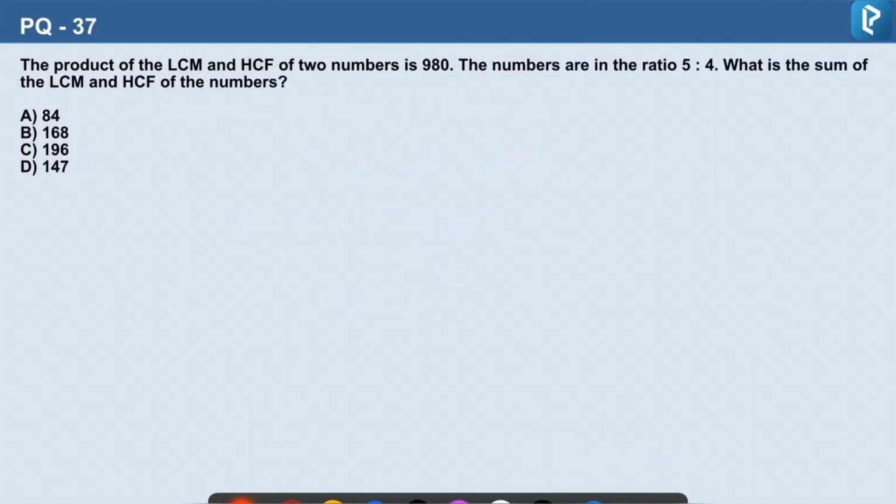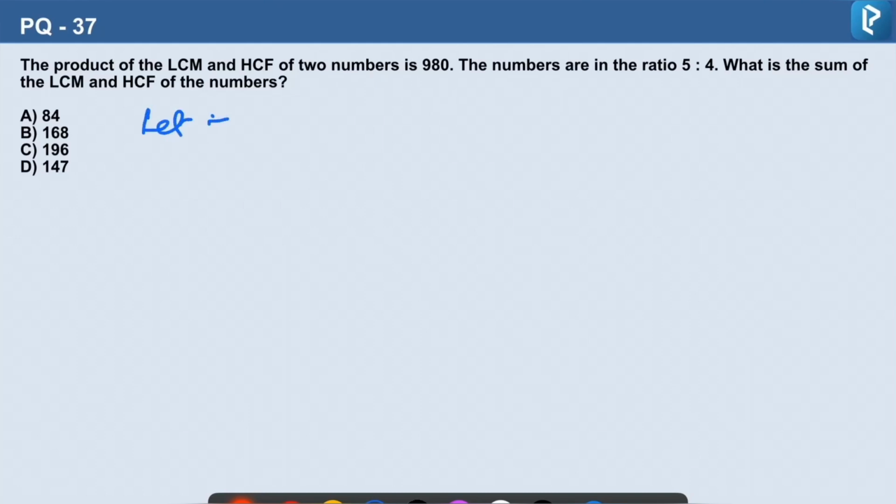Next, question number 37. The product of the LCM and HCF of two numbers is 980. The numbers are in the ratio of 5:4. What is the sum of the LCM and HCF of the numbers? Same thing. Here we should assume the numbers as 5H and 4H.